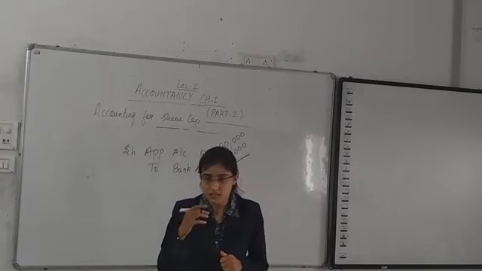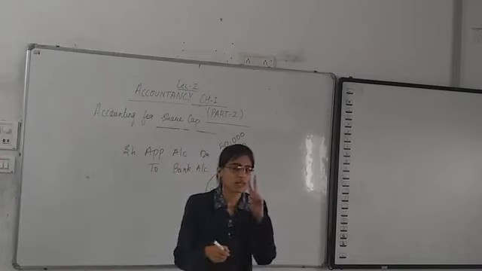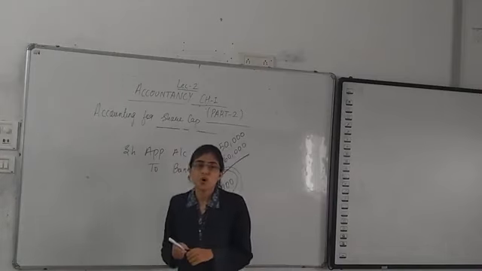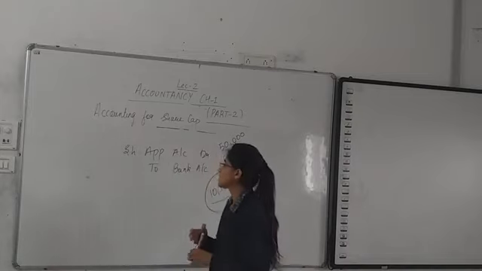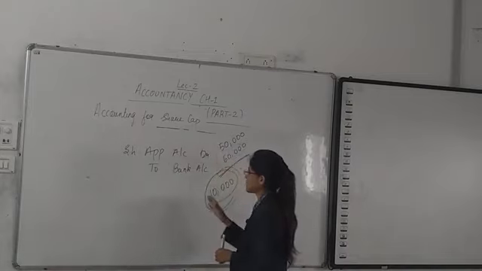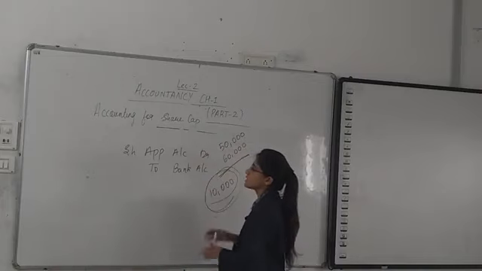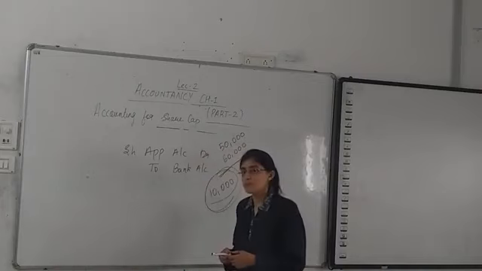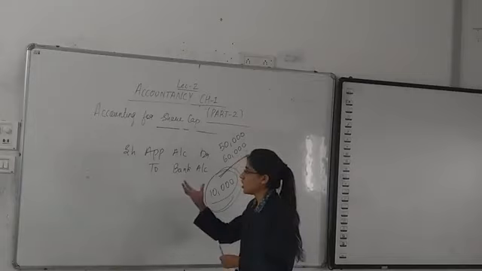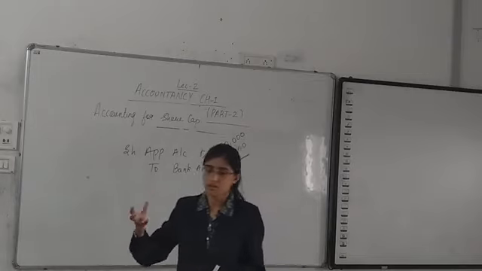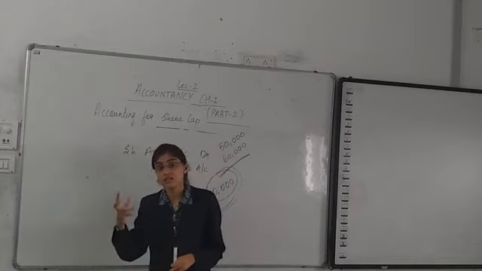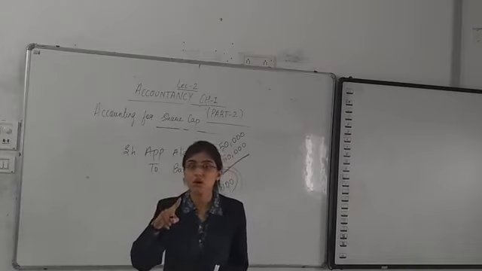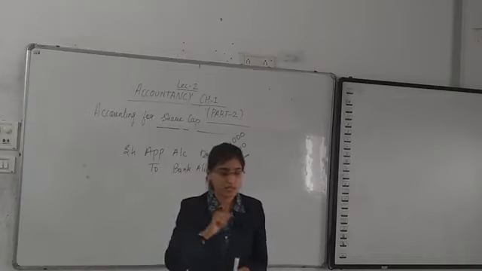Okay. Then talking about the second step, which is allotment. Once the process of application is done, and you have transferred the amount of application to share capital, the next one to be called up is allotment.